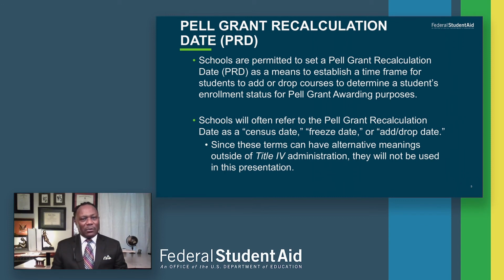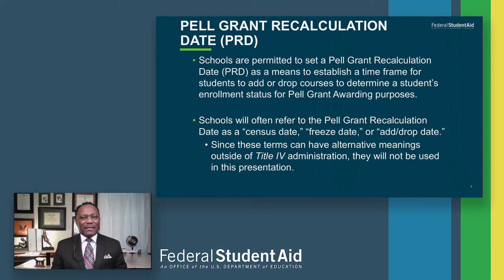Now, y'all, please note very carefully what we say in this next bullet, as it is where many schools make the error of calling this date by another name and erroneously apply the enrollment status established on the PRD to other Title IV aid programs.